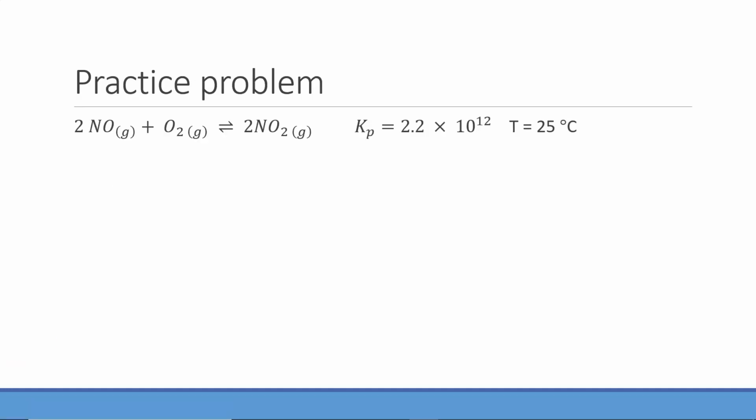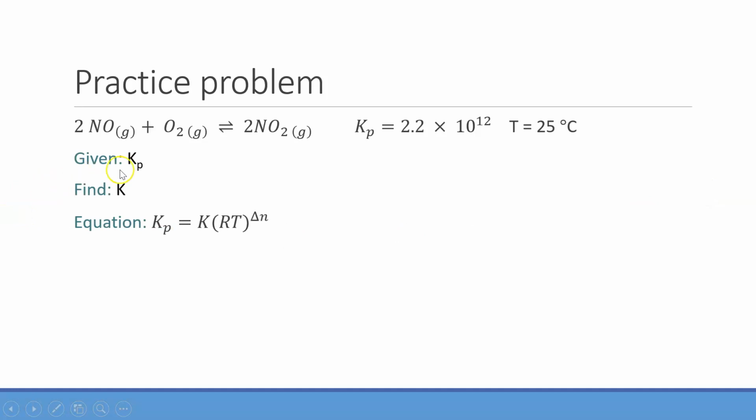So let's do a practice problem. We have 2 moles of NO gas and a mole of oxygen gas reacting in equilibrium to form 2 moles of nitrogen dioxide. The Kp, so the K found with partial pressures, is 2.2 times 10 to the 12th, and the temperature is 25 degrees Celsius.